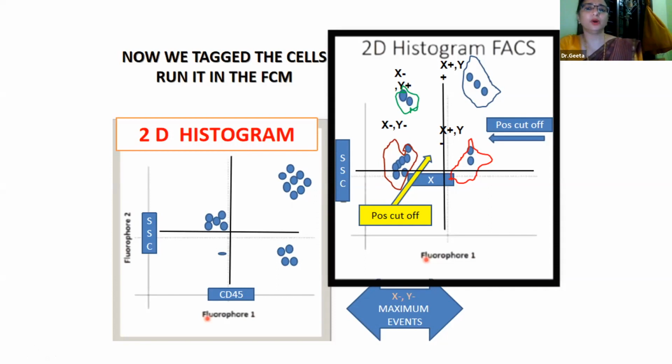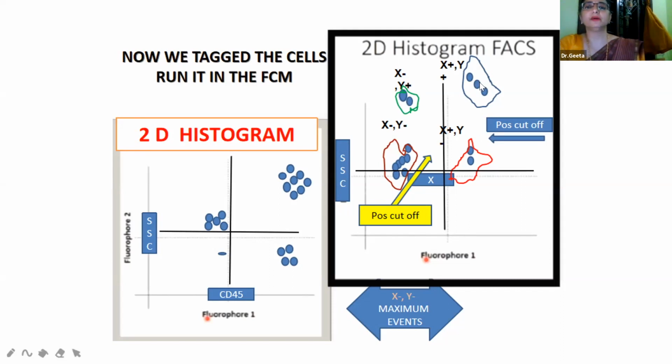Now again going on, interpreting the histogram is based on the dividers that we use on the histogram. These are indicators of positive or negative control points. Herein we see that quadrant 1, the upper left, has been assigned as X negative and Y positive. That means this parameter is positive and this parameter here would be negative.